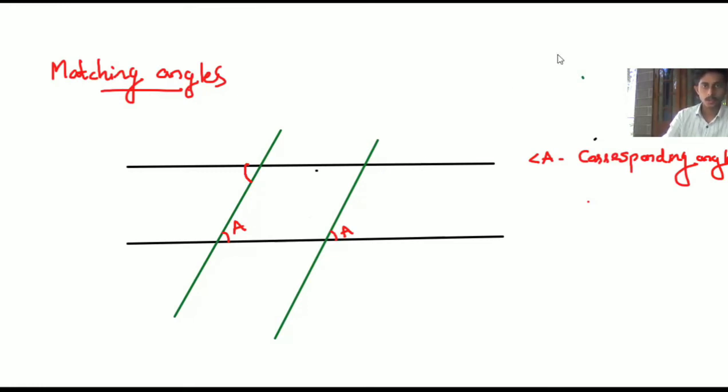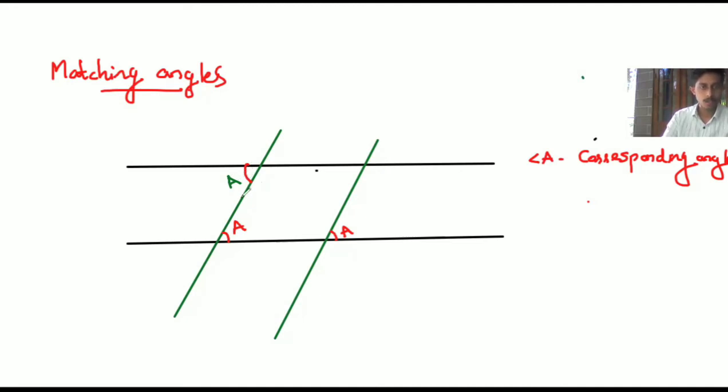So now let me talk about alternate angles. What do you mean by alternate angle? So here is A, and I'm going to take an angle right here which is also equal to A. So these two angles are equal. So angle A and here is also angle A. So these two angles are equal, which is said to be alternate angles.